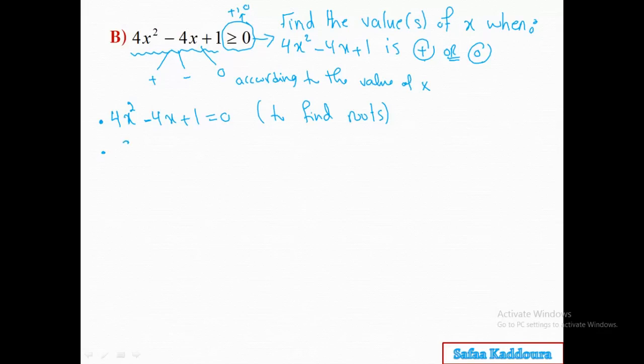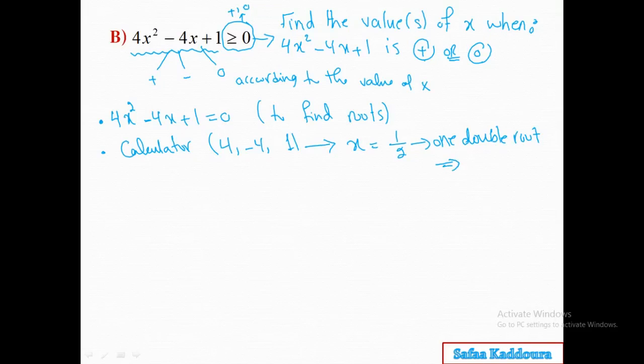Second, we will use the calculator and enter A 4, B minus 4 and C 1. The calculator will give you x equal half. This means 1 double root, and you will conclude that delta equals 0. Now we will draw the table of sign.